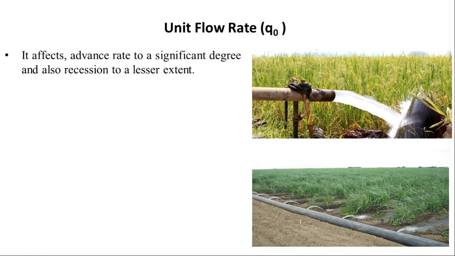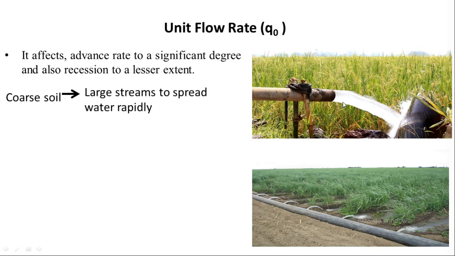Unit flow rate. It affects the advance rate to a significant degree and also recession, but to a lesser extent. In coarse soils, large streams are required to spread water rapidly. In an earlier slide, I showed you a table in which high discharge rates were suggested for sandy soil.